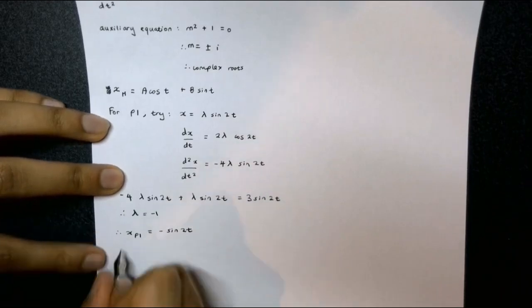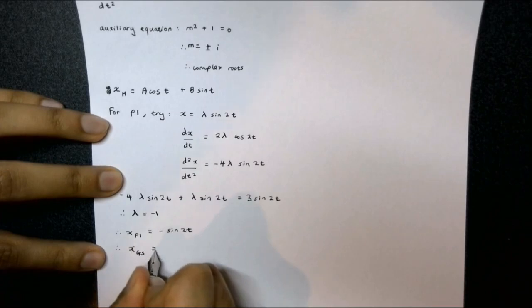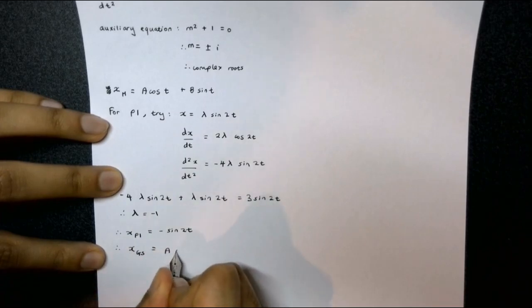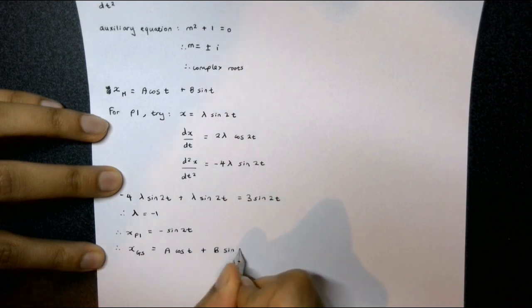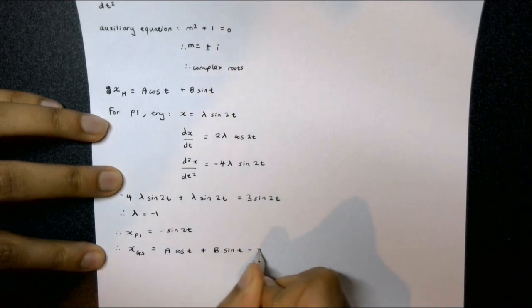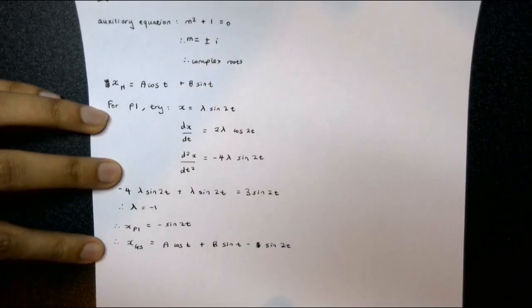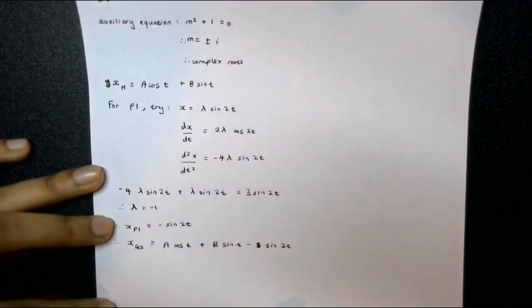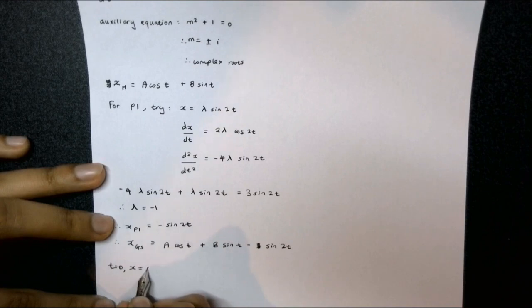And what we can do with this is state the general solution. That's equal to a times the cosine of t plus b times the sine of t minus sine 2t. And now we need to use our initial conditions. We know when t equals 0, x is equal to 0.